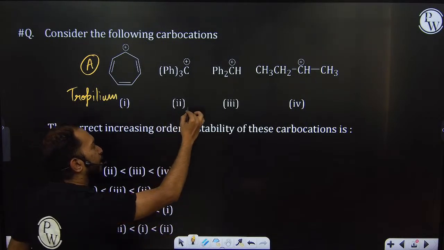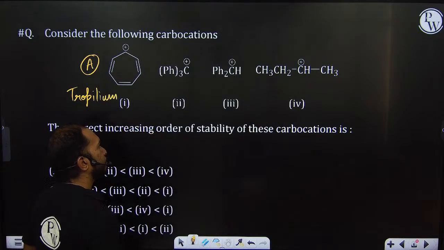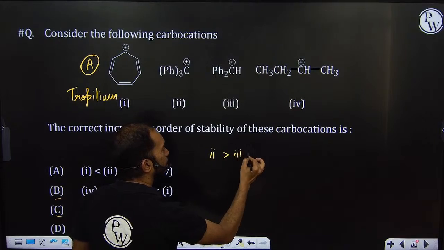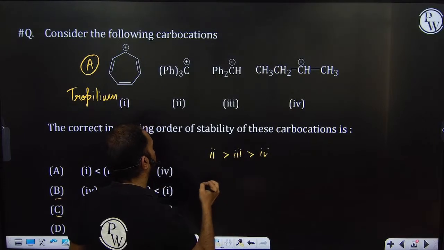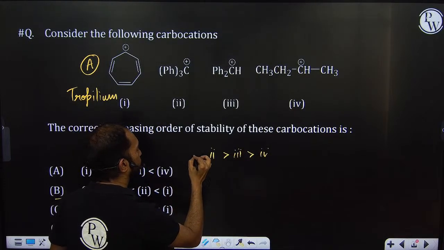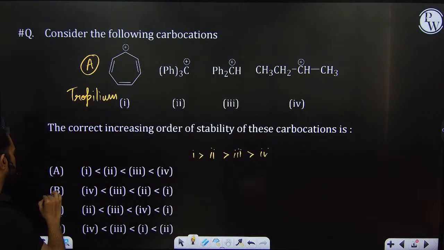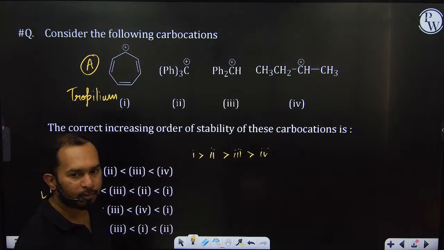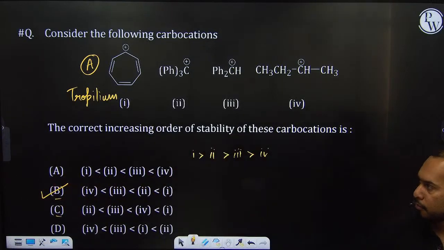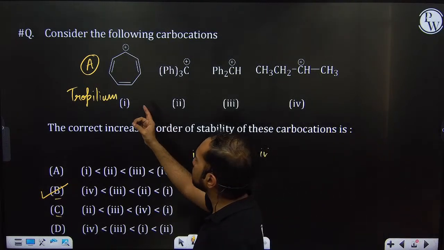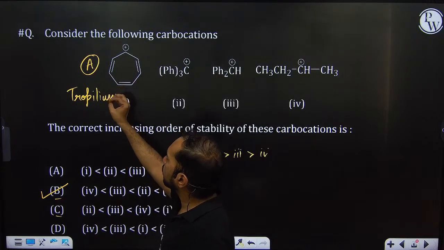So out of second, third, and fourth, the most stable is second, then third. Right, tropylium carbocation.